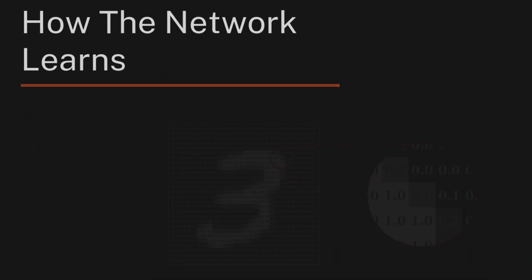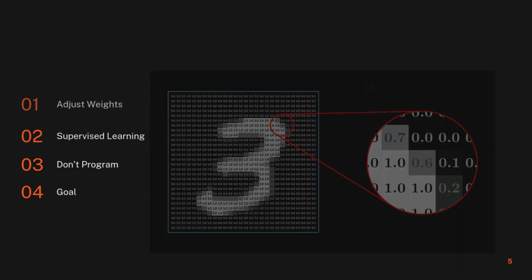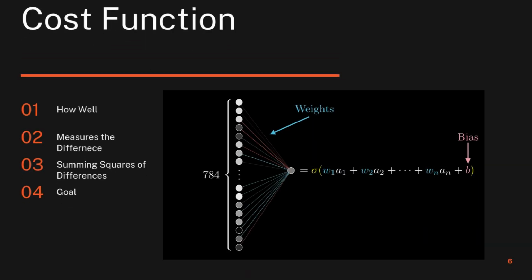So let's take our initial example here in this picture. Let's say the machine guessed an 8 instead of the number 3. Then the cost function will give it a higher score, a higher score being bad. And then it would try to guess again. And if this time it gets the number 3, then it's going to give it a lower score.